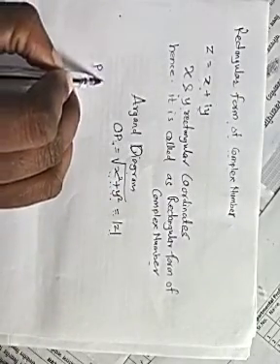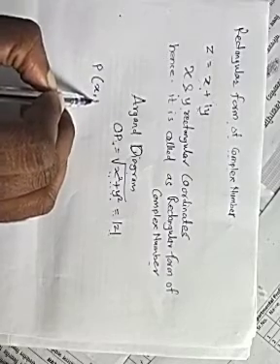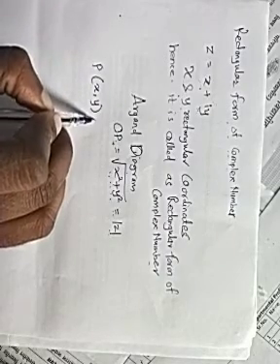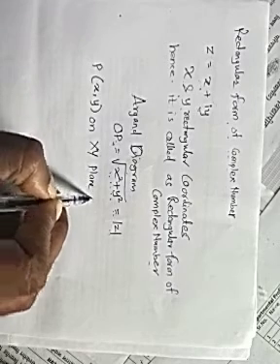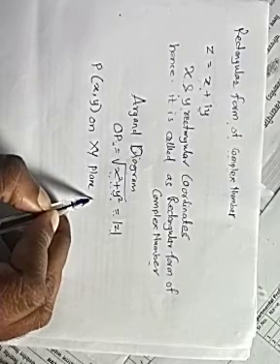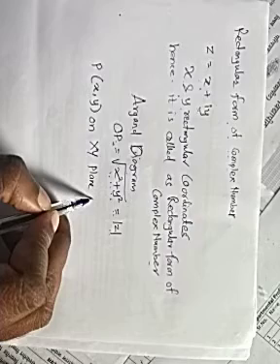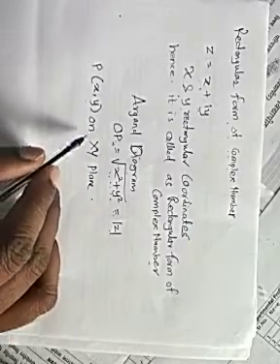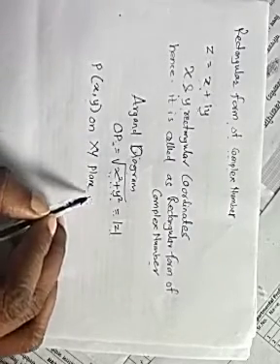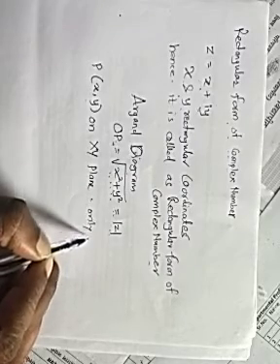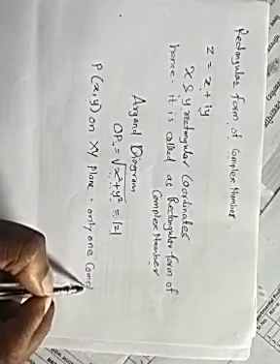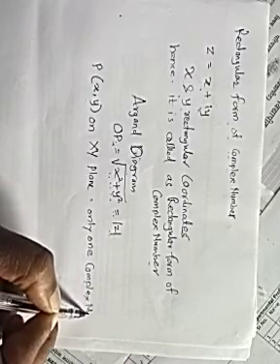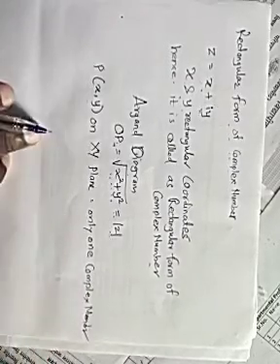So we can consider the point P with coordinates x and y on the xy plane. This point represents only one complex number, right?